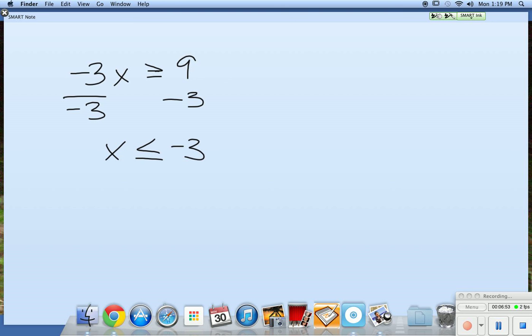All right? It flips that sign. If you multiply or divide by a negative number, it flips the sign. Otherwise, inequalities are the same thing as if it's an equal sign in there. It's really no different. Okay? That's the one thing you got to remember, inequalities.